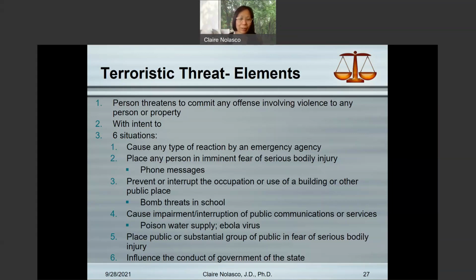For example, if the offender calls the school and makes bomb threats, that would be terroristic threat. Fourth, cause impairment or interruption of public communications or services. For example, poisoning the water supply. Fifth, place the public or a substantial group of the public in fear of serious bodily injury. And sixth, influence the conduct of the government of the state.